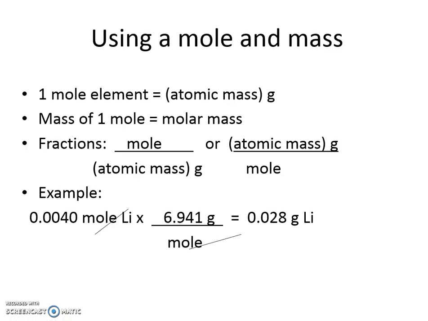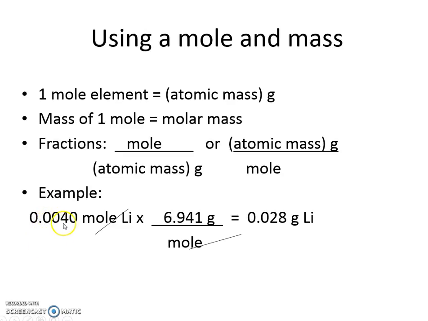So you're going to hear me use this term in the future. I'll say, so what's the molar mass of something? You know that you just need to go to the periodic table, get the atomic mass, and express it in grams. We can make a fraction out of this equivalency that the mass of a mole is the molar mass. So 1 mole is going to be equal to the atomic mass in grams, and we can create a fraction like this. Here's an example.